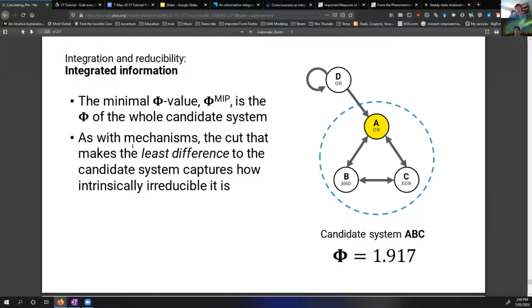So this is just saying we take the minimum big phi value as the big phi of this candidate system. And just to recap, you interpret this as how much making a cut would make to the system. So if it's 0, then you have two separate systems.